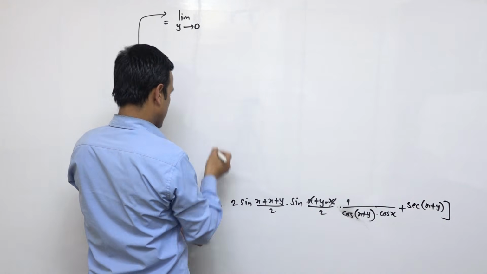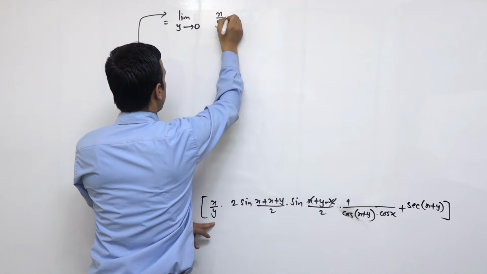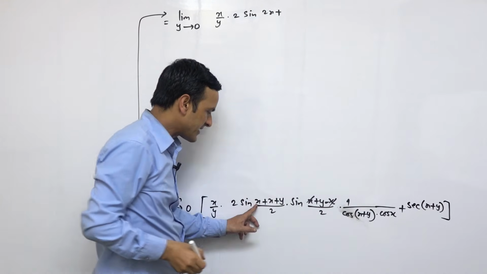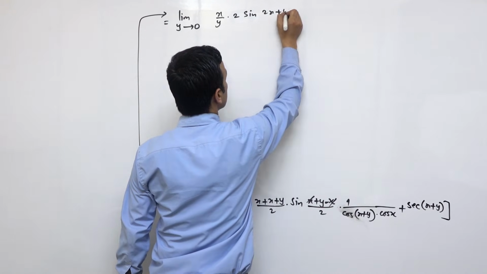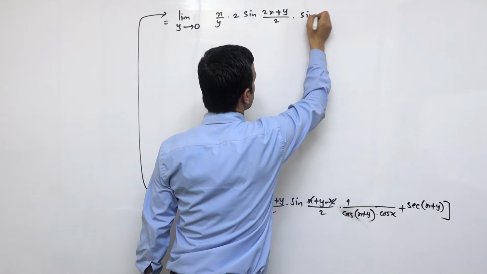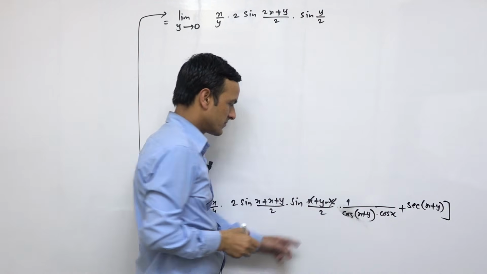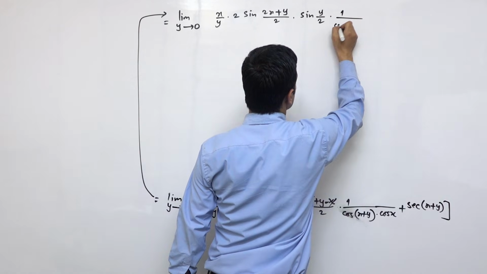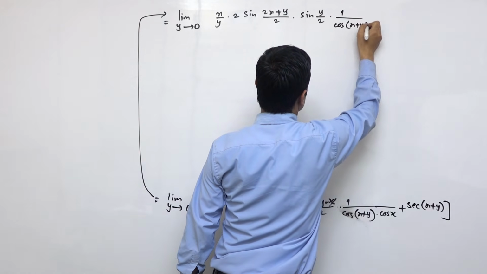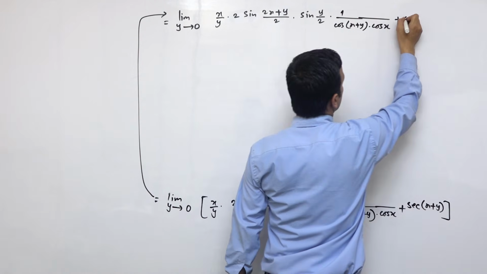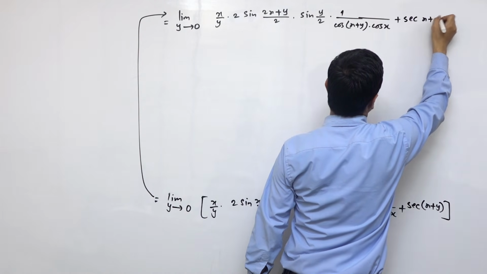Now what will we get here? x upon y times 2 sin((2x+y)/2), x plus x means it is 2x plus y divided by 2, and here sin(y/2), as you see that, y by 2 into 1 upon cos(x+y) times cos x plus sec(x+y).